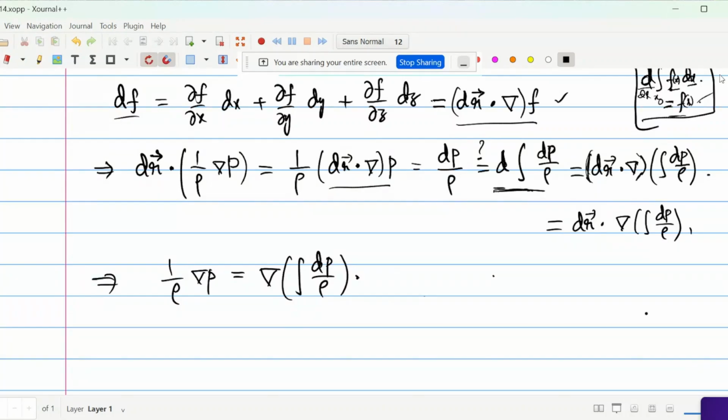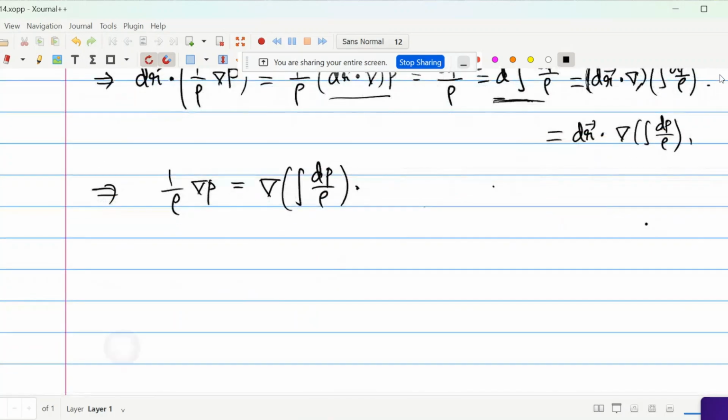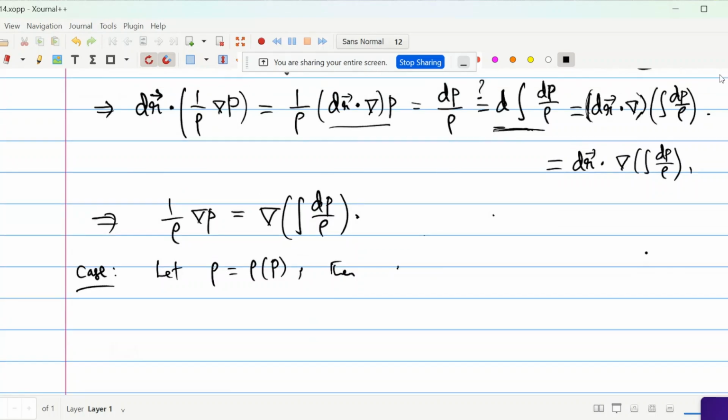So right now, if this is the general way of doing it, and if you don't do this, let me put it like this: if I want rho to be, now look at the case, let rho be only rho of P. Then what you really want is dP by rho equal to what?